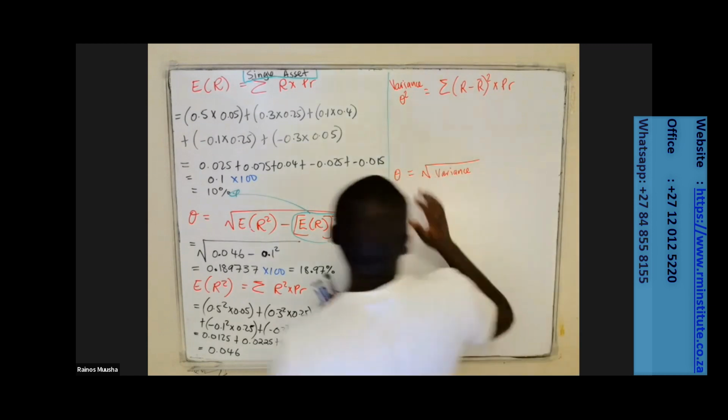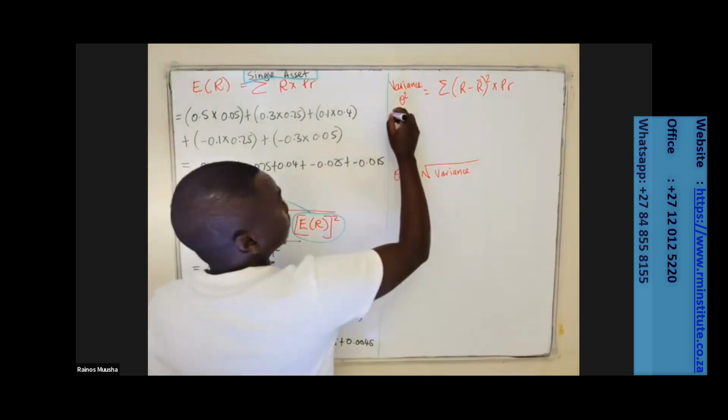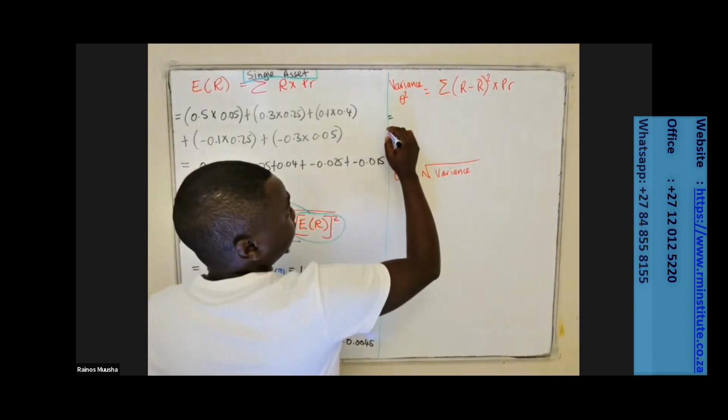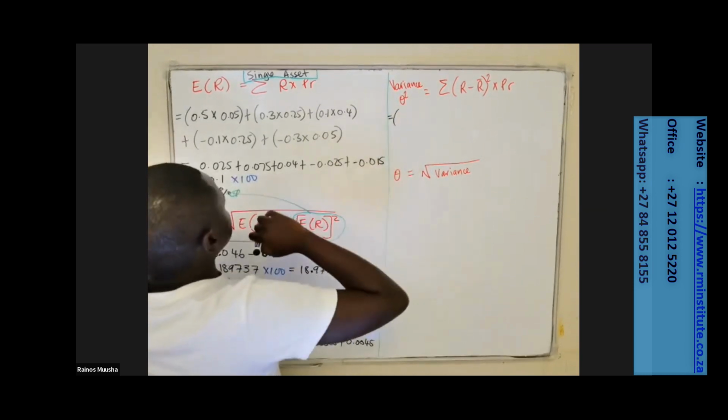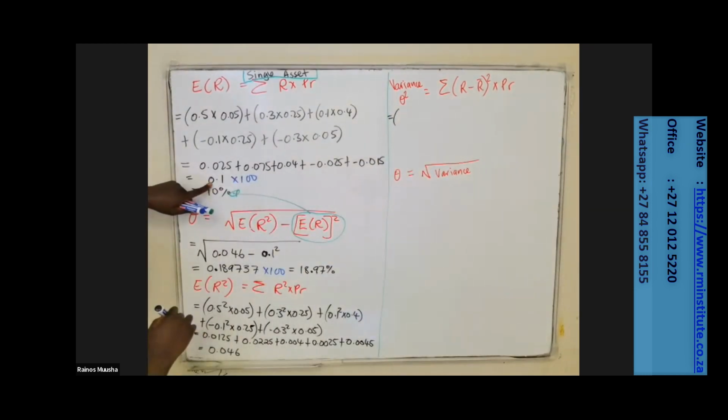So if you're going to be using this method, your variance would be given as, for the first scenario, remember we saw that the expected return is 10%.